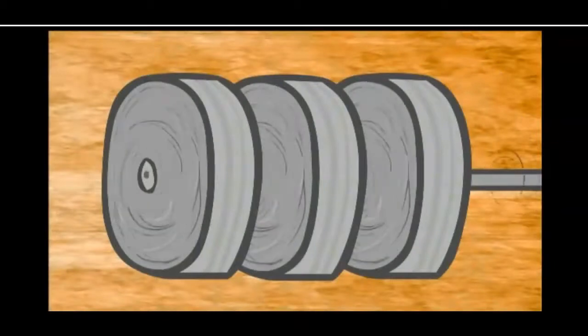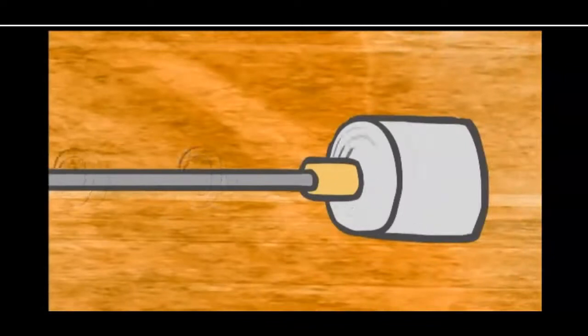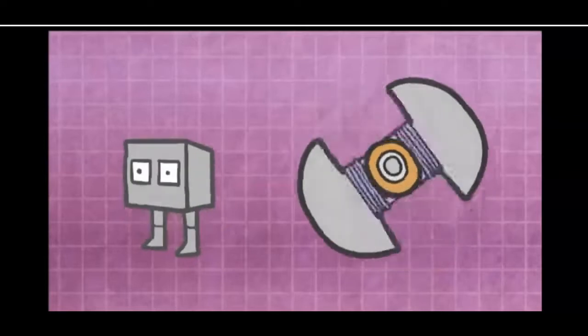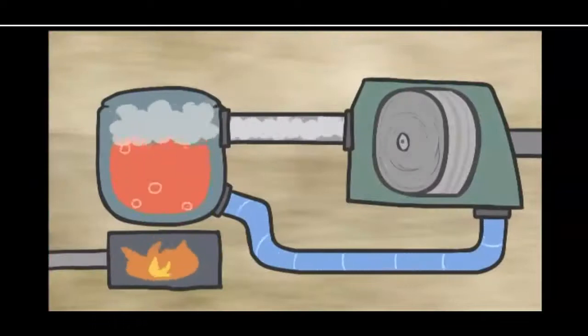That steam turns propeller-like blades around a rotor inside the turbine. This turning rotor connects to a main shaft, which spins magnets with a coil inside a generator. It's the generator inside a turbine that converts mechanical energy into electric energy and creates electricity.